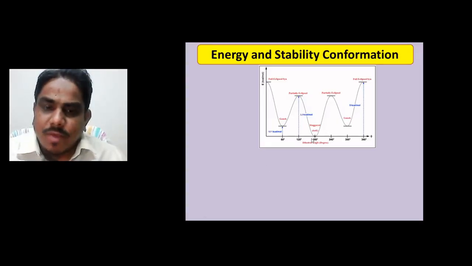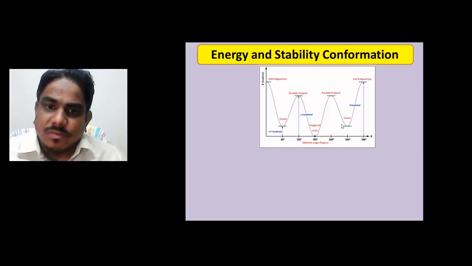At 180 degrees, we observe the staggered conformation, and it is the most stable conformation. In this conformation, all the steric interaction and the electronic interaction are absent because all the non-bonded groups are going away from each other. So the staggered conformation is the most stable conformation of n-butane.